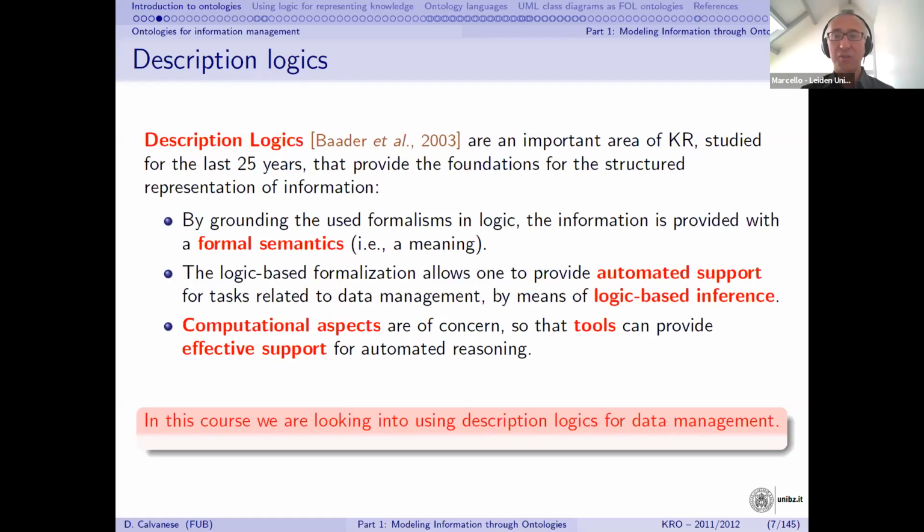And together with the logic, there is the whole idea of having automatic support. So it's interesting to do this logic only if it can effectively be used for reasoning. If the complexity of reasoning is too high, then it becomes less interesting.